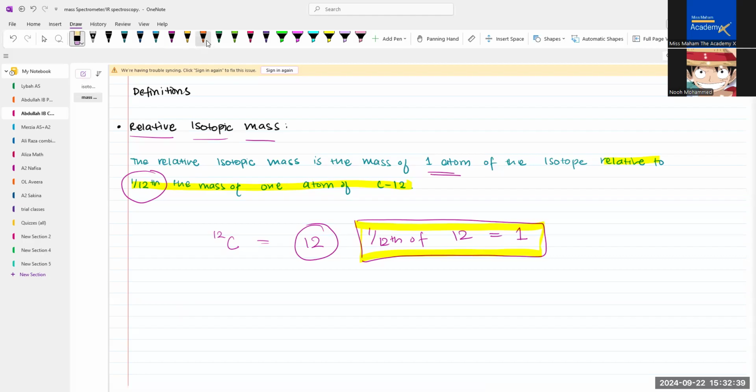I could have used hydrogen in place of carbon as well. I could have said one part of one atom of hydrogen. But hydrogen's mass is 1, which is why we don't use it, because it's useless to use 1. So this is just a statement of comparison for any XYZ molecule that has a relative isotopic mass. We only use it when we're writing definitions, but it is necessary then, so don't miss out on this.